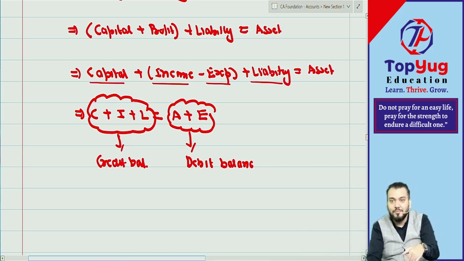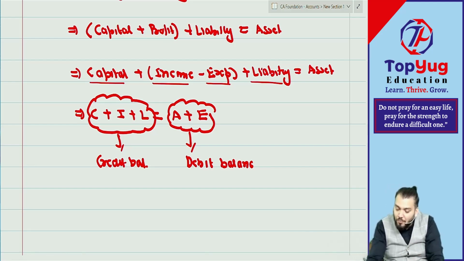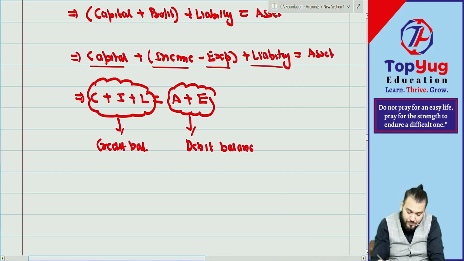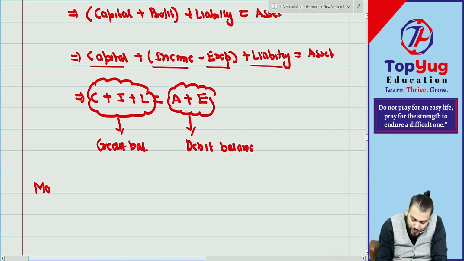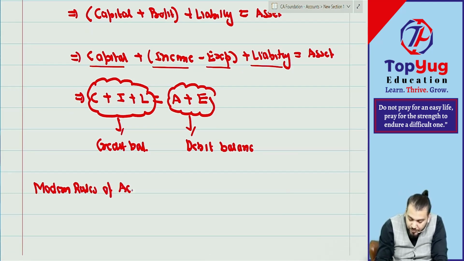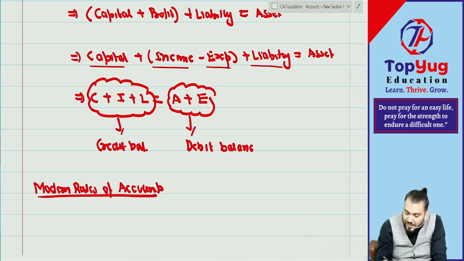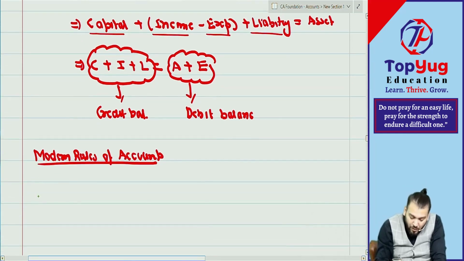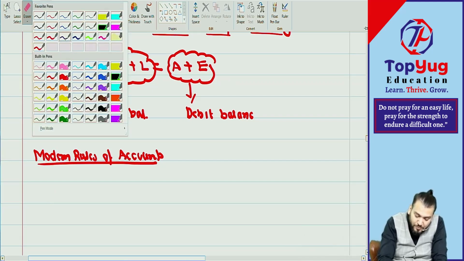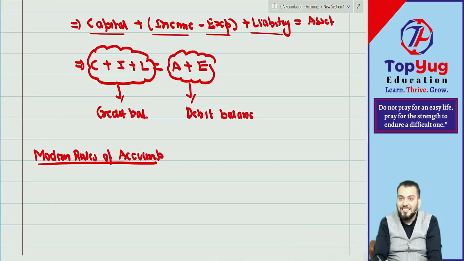Have you understood? From this we will derive one rule. Rule is what? Modern rules of accounts. What are the modern rules? The rule is very simple. Can you say for asset and expense there is one rule? For asset and expense one rule now, because both have what? Debit balance.